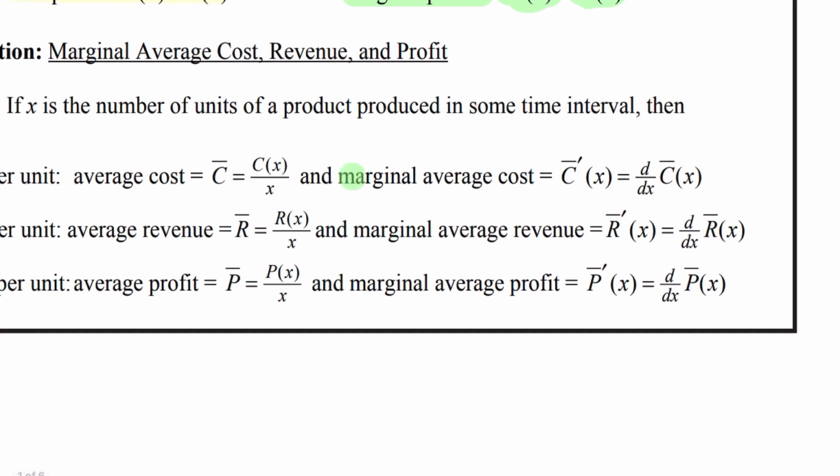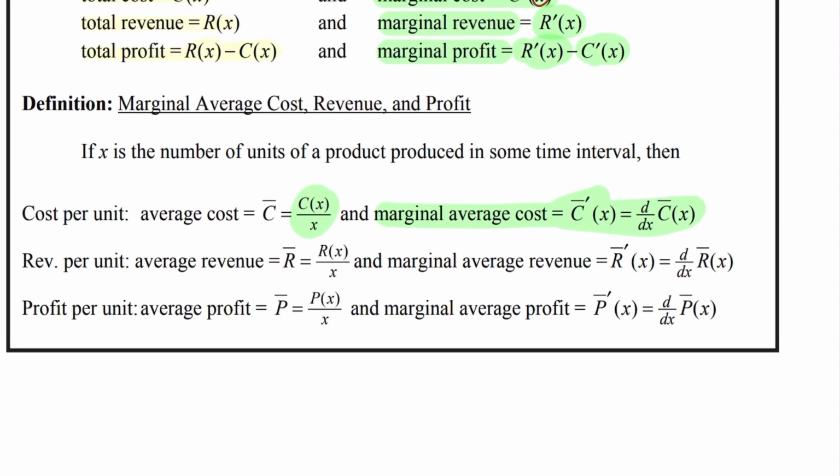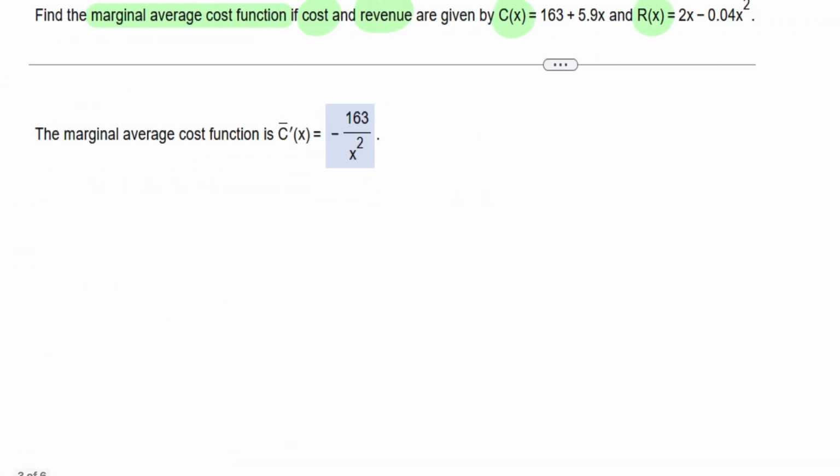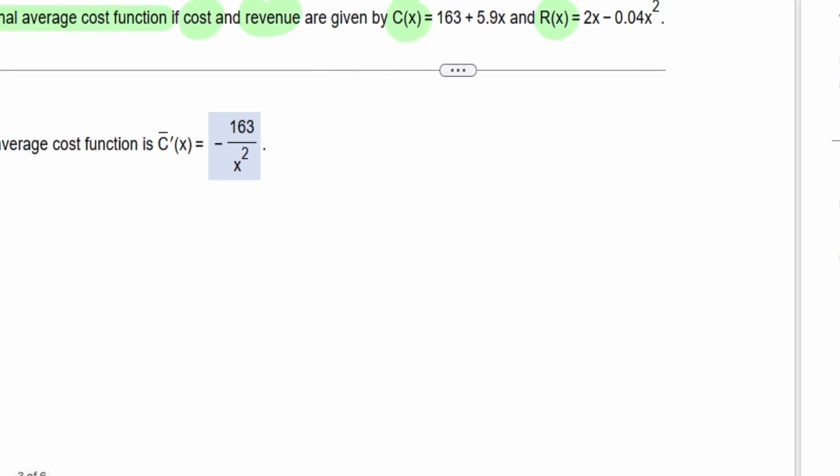So here is what I'm finding, marginal average cost, which is the derivative of the average cost. And how do I get the average cost? I simply divide the function of the cost by x. So let's start with the function.